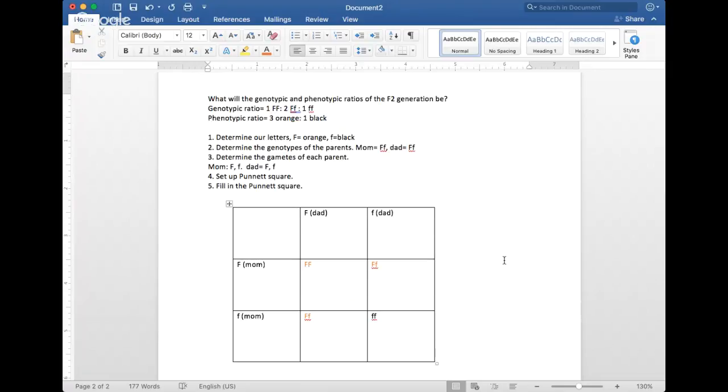Okay, so if you had a bunch of kittens in a box and you picked up 1 kitten and it was black, you would expect to find 3 other orange kittens for every black kitten, is what we're saying with these ratios. Okay, for every 1 that is homozygous dominant, we expect to find 2 that are heterozygous and 1 that is homozygous recessive. Okay, so that's how we go through our Punnett square.